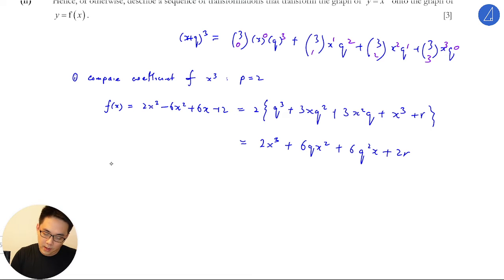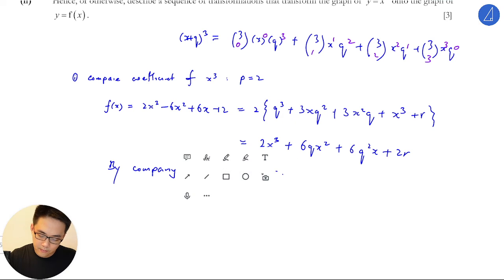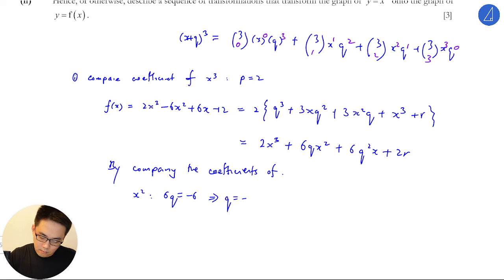Okay, so by comparing the coefficients, x squared first. X squared will be 6q minus 6. Then x will be 6q squared.